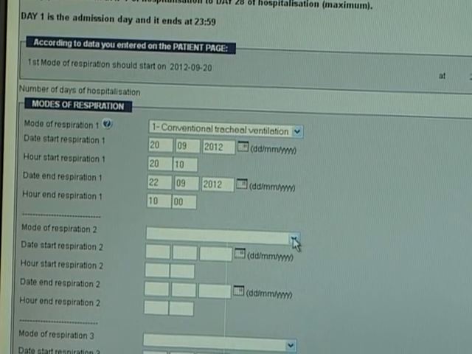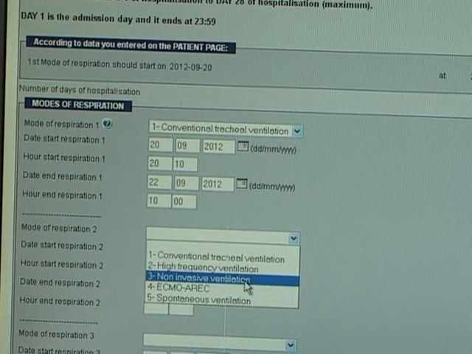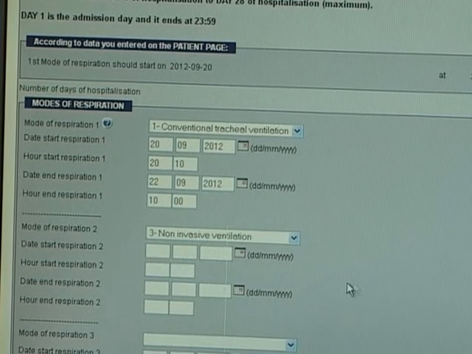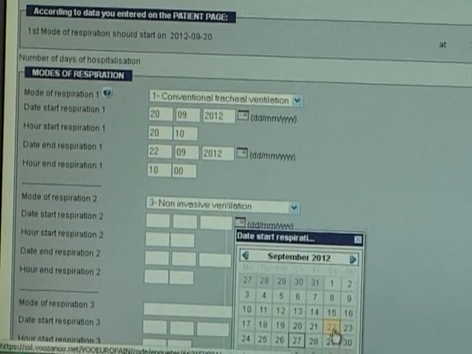And then after the tracheal ventilation, he was put on non-invasive ventilation for 12 hours. So let's say it's again the 22nd.